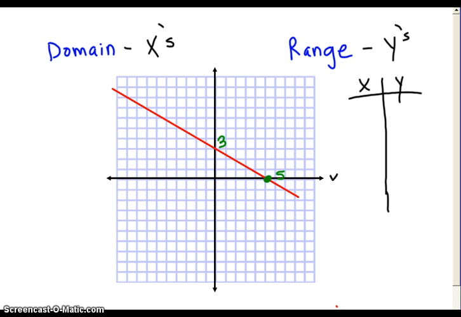If I look along the x-axis here, the point (5, 0) is a point that's on this graph. And along the y-axis, the point (0, 3) is a point on the graph.